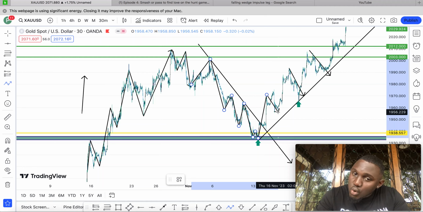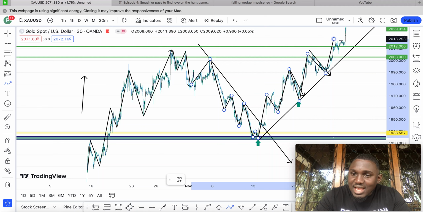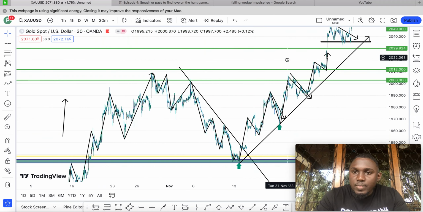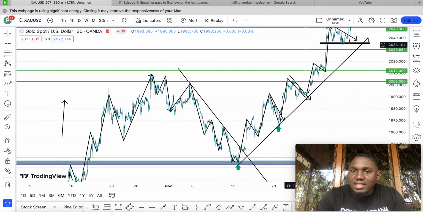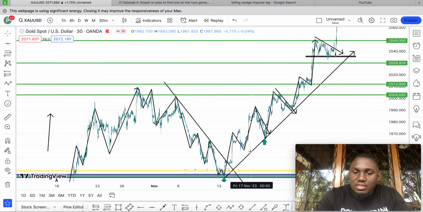A higher low after creating a higher high, another higher high, and another higher low, another higher high, another higher low, and another higher high, and another higher low. Guys, are you seeing? Another higher high, and eventually also kept another higher low, and it has come to keep another higher high.